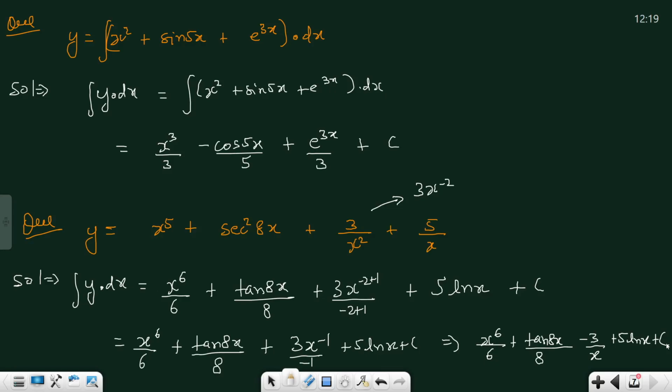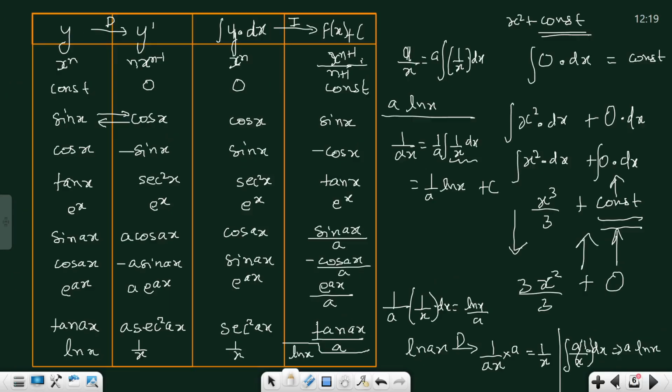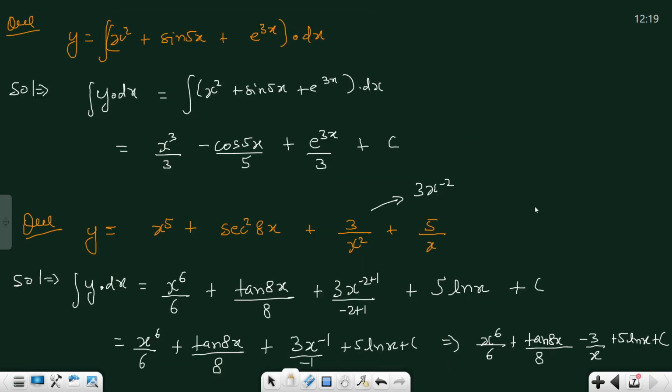So why can't we write 5 by x as x raised to minus 1? Instead of ln x, can we write it as x raised to minus 1? बेटा, उसका integration is not possible ना. That's why we take it from the standard table: integration of 1 by x is ln x.